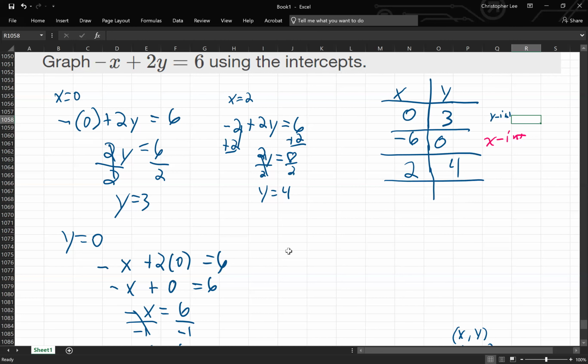I guess a hint that I could tell you about, if you see a variable that's in front of Y, let that be your X variable. That'll make it easier. Positive or negative, your choice. Doesn't matter which one you want to choose.